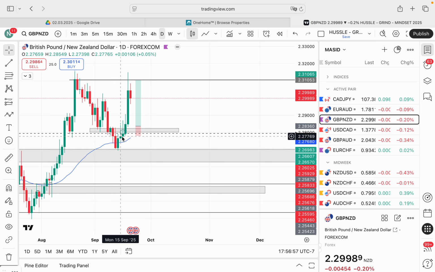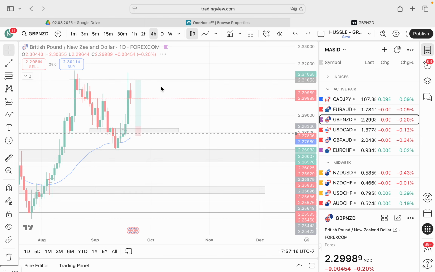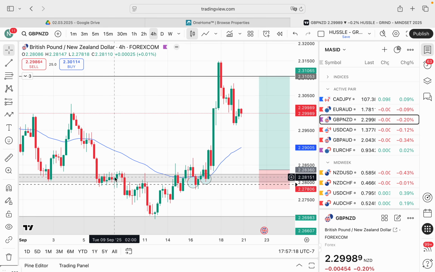I saw this rejection. I'm anticipating that this one will be a continuation, but this one doesn't have a weekly daily pullback. On the 4 hour, I was waiting on this.